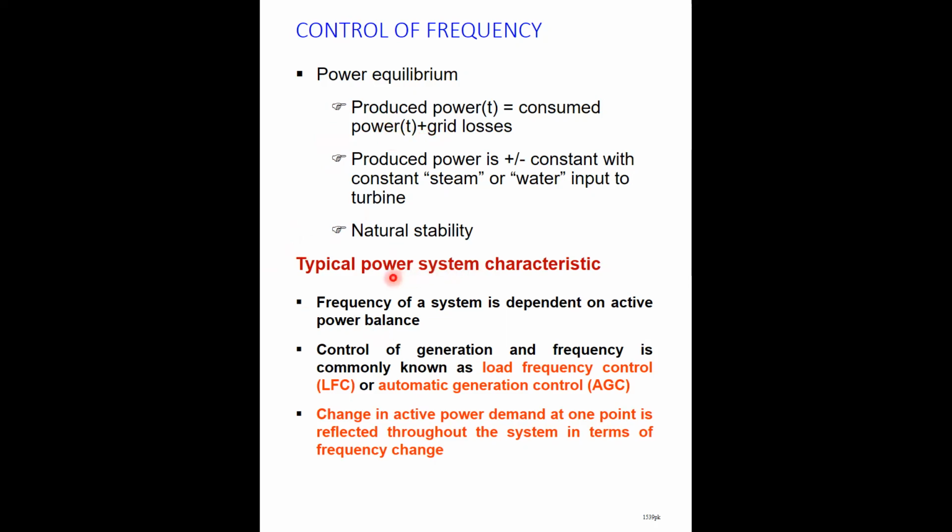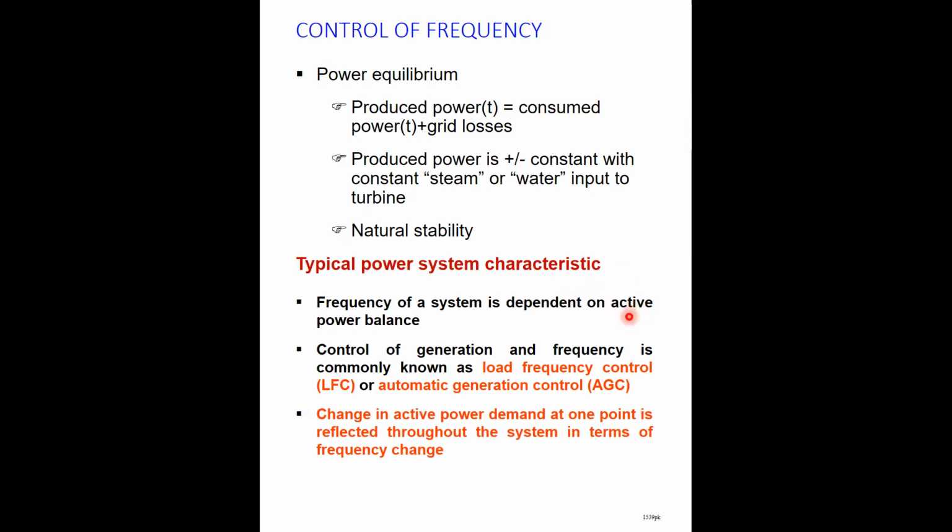When we refer to the characteristic for the frequency control, we must understand the characteristic of our power network. In fact, frequency deviation or the frequency variation around the nominal value depends upon the active power balance.